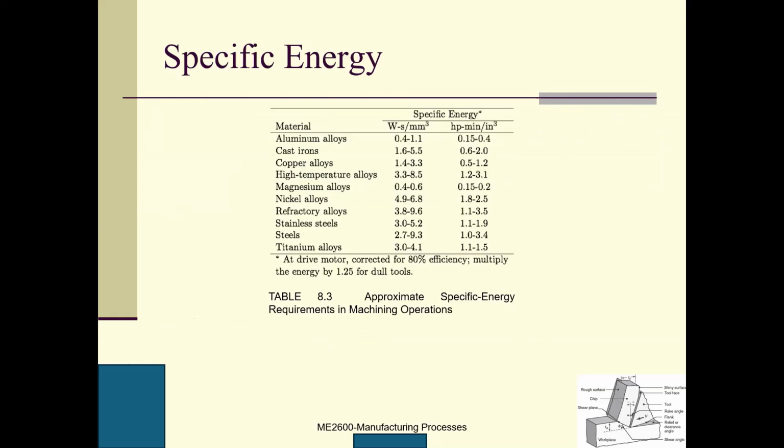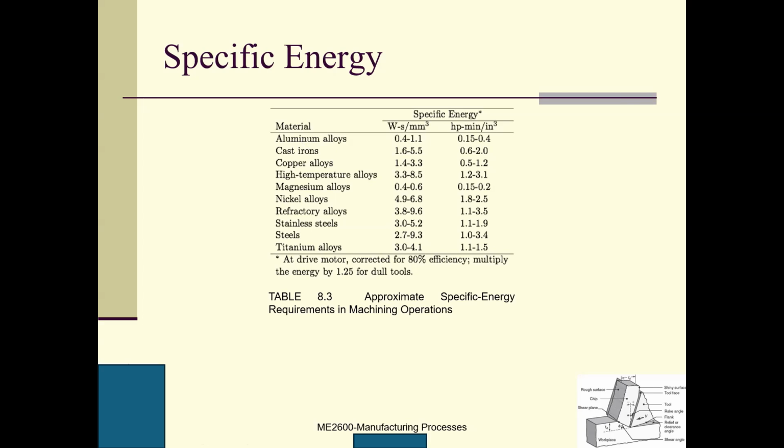And then the specific energy. Specific energy is the energy that is needed if we want to remove a unit volume of this material. So this specific energy has been recorded for commonly used materials, for example, aluminum alloys, cast irons, copper alloys, and titanium alloys.